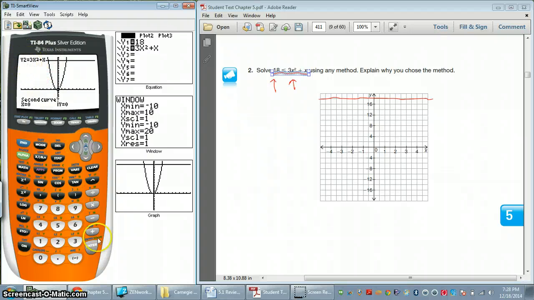Notice it says y2, so you press enter, which is yes. And then you're supposed to take a guess, and your guess is where they intersect. So in this graph they intersect around -2.62, which is somewhere right around here, between -2 and -2.5.